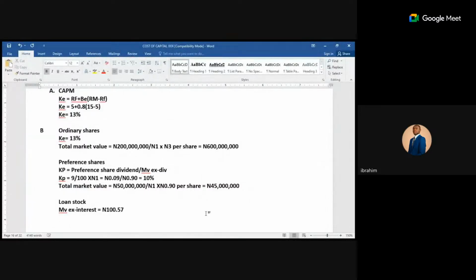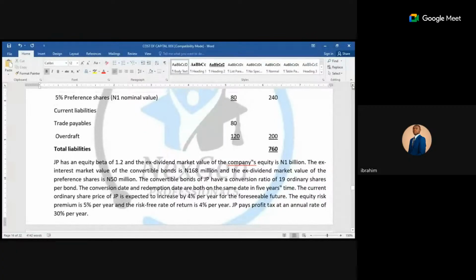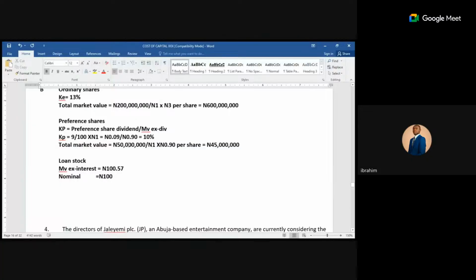What is the nominal value? 100 naira. Don't forget that these are the ingredients we use to determine the cost of redeemable debt. You need the market value ex-interest. You need the nominal value, right? If there is premium, but in this question there is no premium.